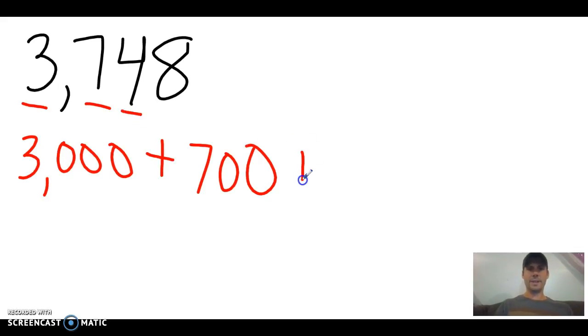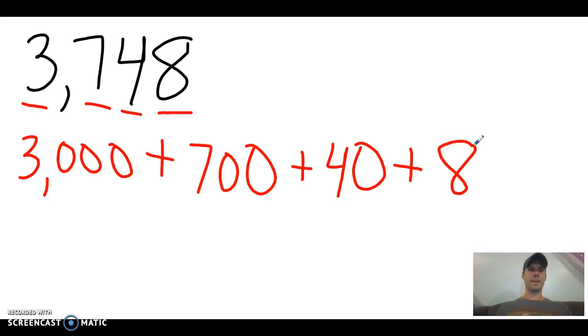The 4 is in the tens place, so that is worth 40. Then you go to the ones place, and that digit is an 8, so the value is 8. That, my friends, is the expanded form. It's where you take the standard form and expand it by giving all of those digit values and adding them together.